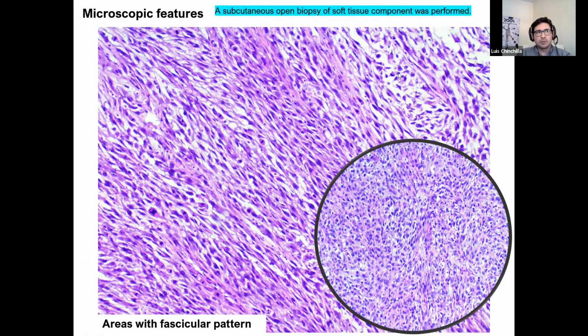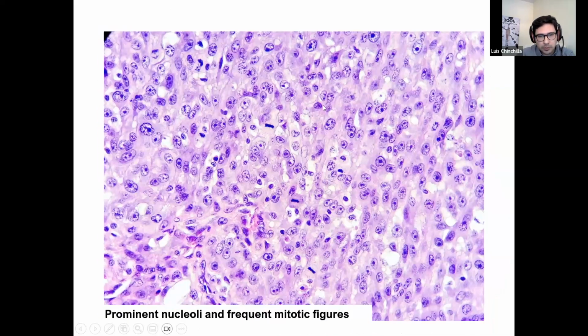It was about 1 or 2 centimeters in greatest diameter. And areas with this fascicular pattern, spindle cell morphology, as you can see here, was the morphology of this tumor in some areas. But in other areas, the tumor shows round to ovoid cell morphology with prominent nucleoli and a kind of epithelioid look.